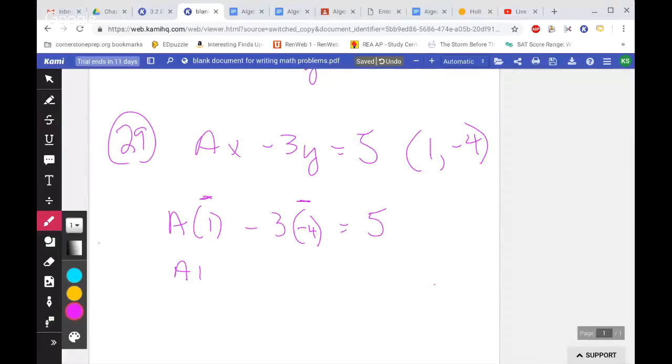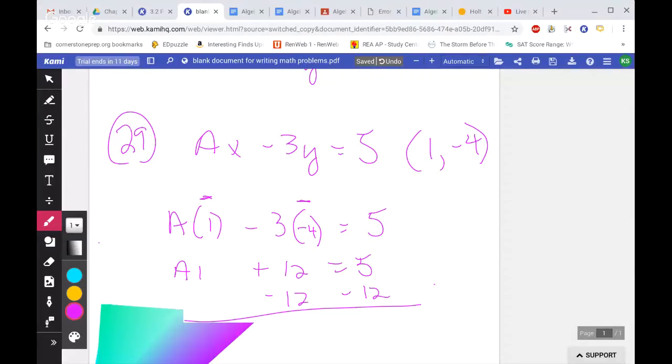So then you would have a times 1, and then -3 times -4 is 12. Then you would subtract 12 from both sides. You would have a times 1, or just a, because anything times 1 is itself. So the answer is actually a equals -7.